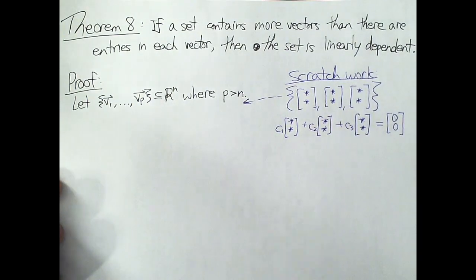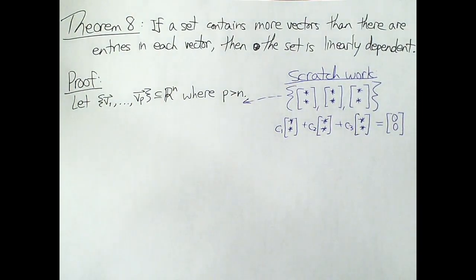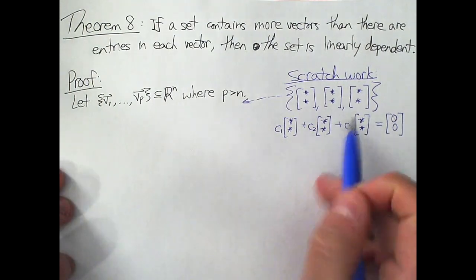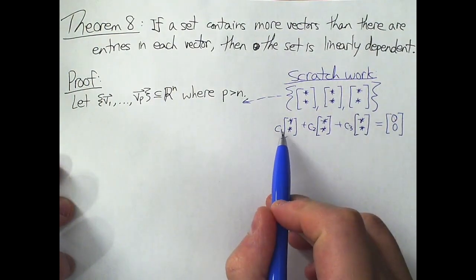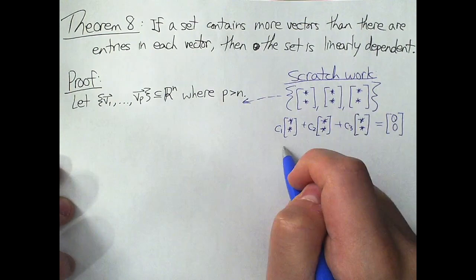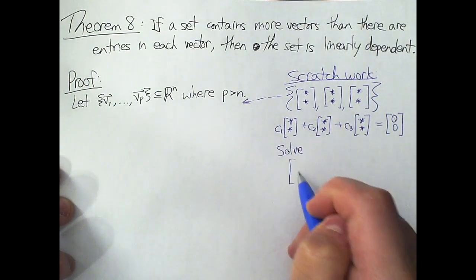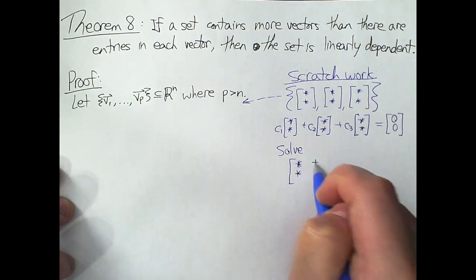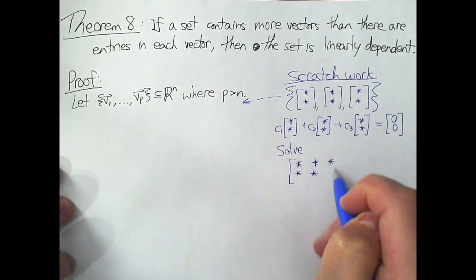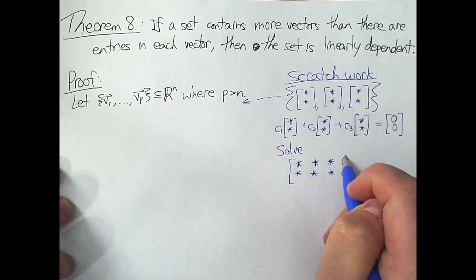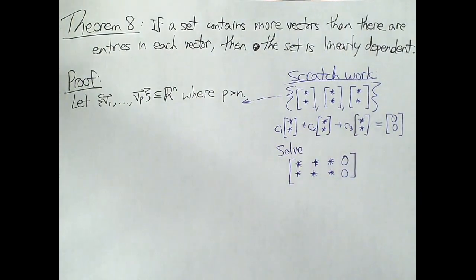We want to find something other than the trivial solution. How would we look for a non-trivial solution? Well, we would set up a system. The augmented matrix would look like this. It's scratch work, so it doesn't have to be perfect, but this is the augmented matrix we're trying to solve.